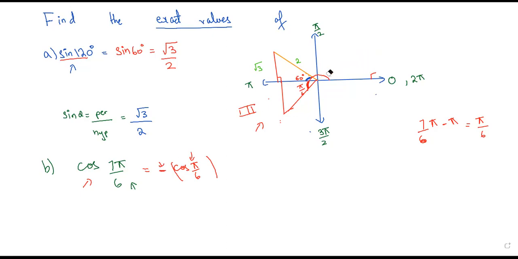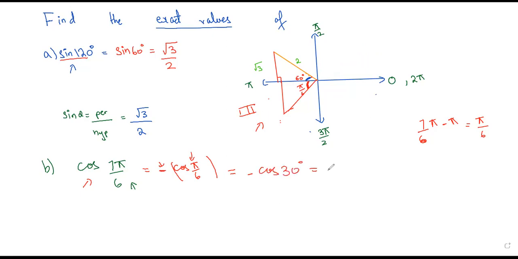So what is the value of cos pi by 6? You can just use your calculator. Convert that to degree mode first. Pi by 6 is 30 degrees. Then you should have a D on the calculator, right?